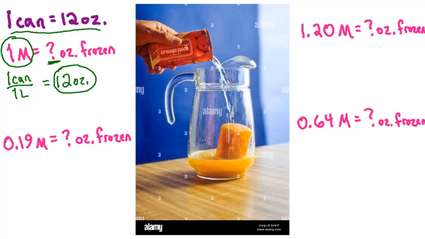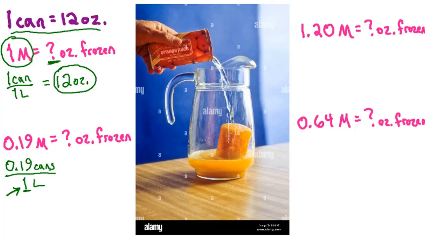So what about 0.19 molarity? A molarity of 0.19. How many ounces of frozen orange juice concentrate did we put in that orange juice? Well, a molarity of 0.19 means we used 0.19 cans in 1 liter of water, because molarity always means out of 1 liter of water. This 1 does not change.